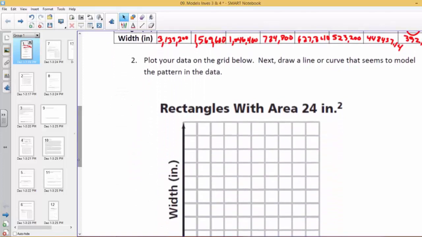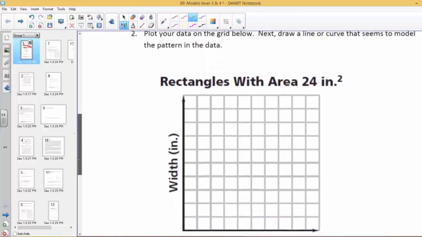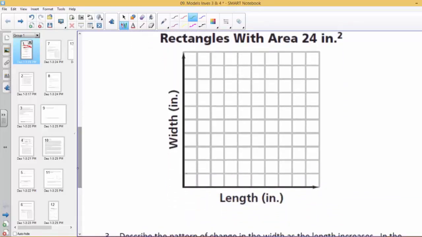So now we're going to plot the data. Okay, so we have 3 million is as high as you go. So you're probably going to want to count by 1, 2, 3, 4, 5, 6, 7, 8. Probably by 100,000. Probably by, because you want to get to 3 million, not 1 million.